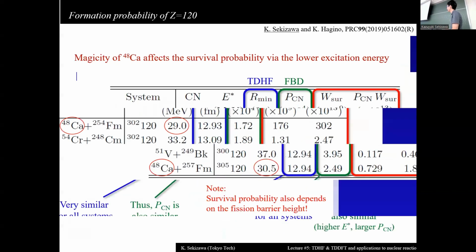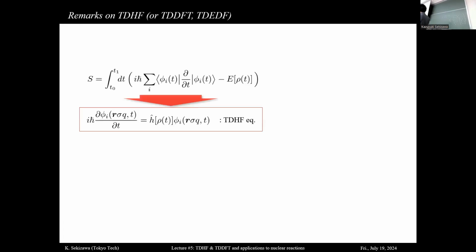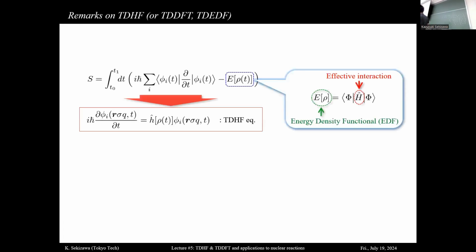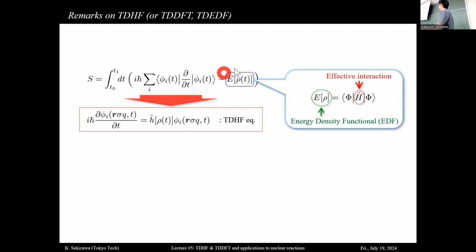And okay, let me summarize my talk, this lecture. Okay, so the point is, the TDHF equation or Kohn-Sham equation can be derived by minimizing this kind of action. But the point is, we just use this energy density function here.